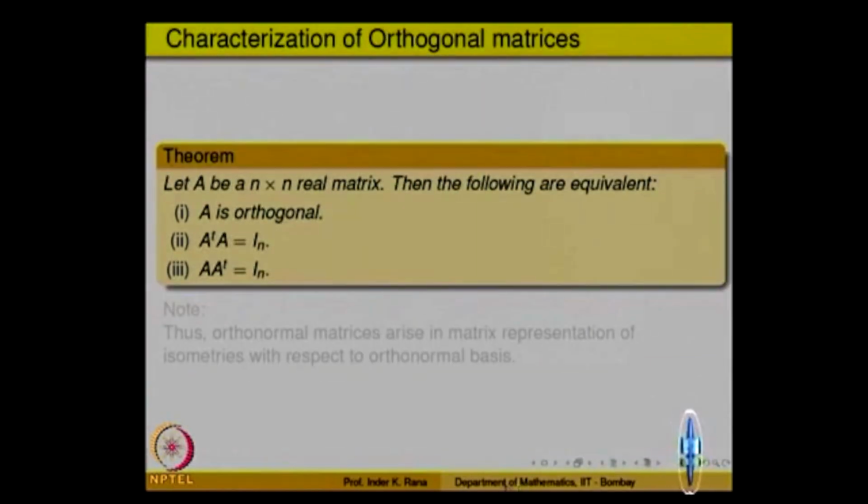So this is an equivalent way of saying that a matrix A is orthogonal; this is the definition, but you can take the transpose of this. The transpose of A transpose A is precisely A transpose A transpose. So saying that a matrix is orthogonal is equivalent to saying A transpose A is equal to identity, or A A transpose is identity. That is the same as saying A transpose is the inverse. The transpose of the matrix is itself the inverse of the matrix.